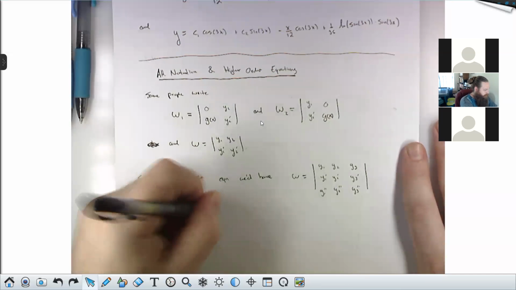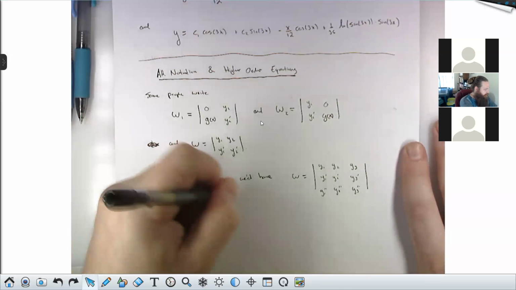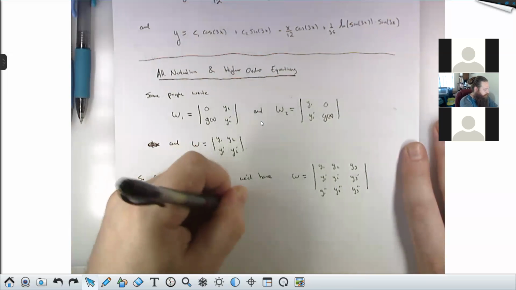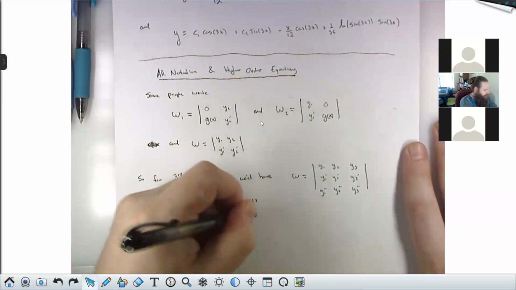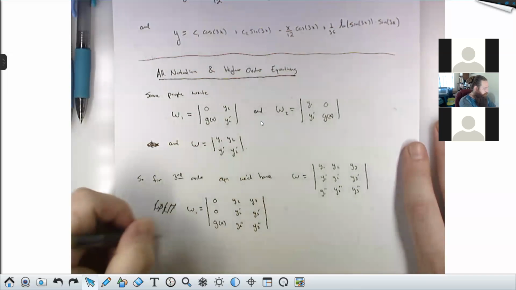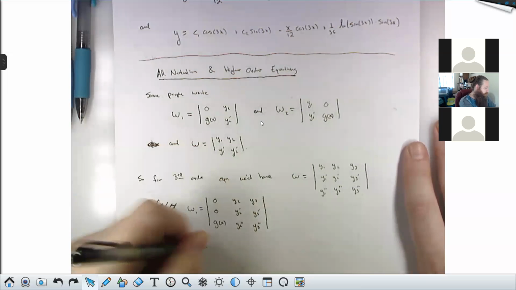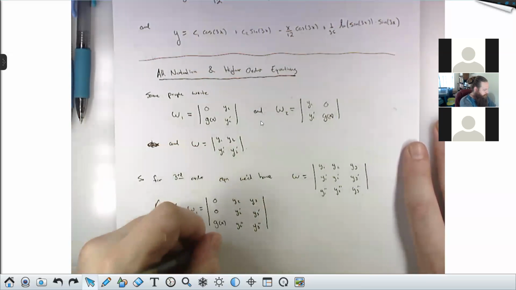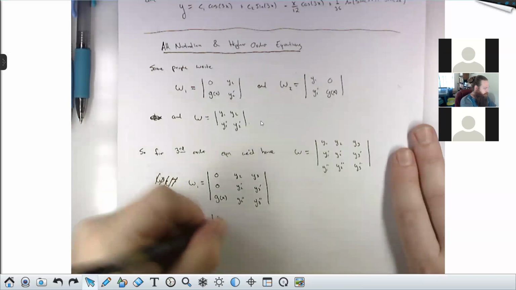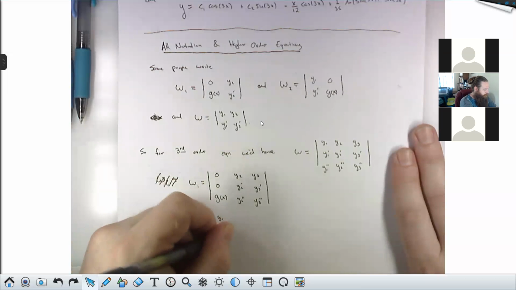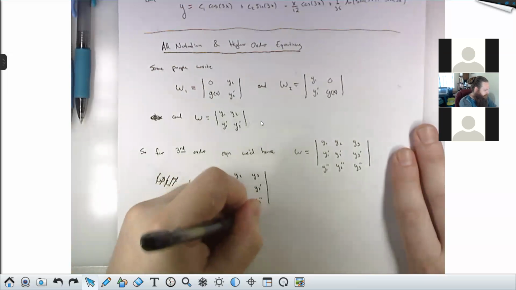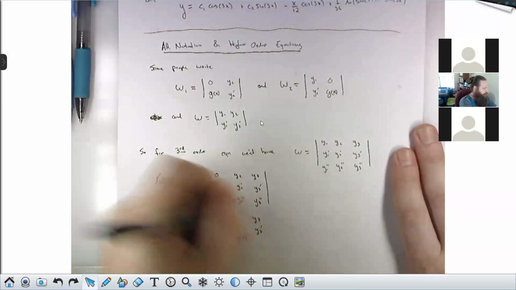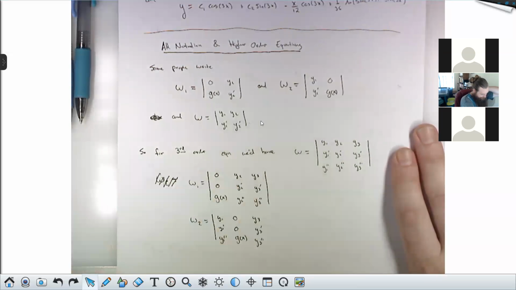So 0, 0, g of x, and leave everything else the same. y2 prime, y2 prime prime, y3 prime, y3 prime prime. W2 would be the matrix whose first column is y1 prime, y1 prime prime, whose second column is 0, 0, g of x, and whose third column is just the y3 prime, y3 prime prime.